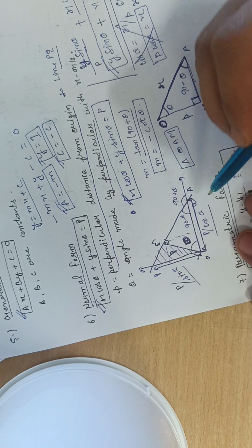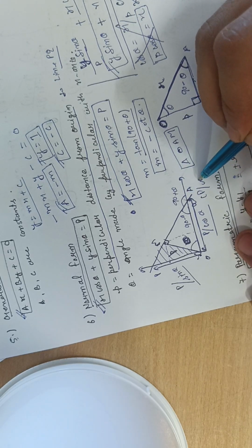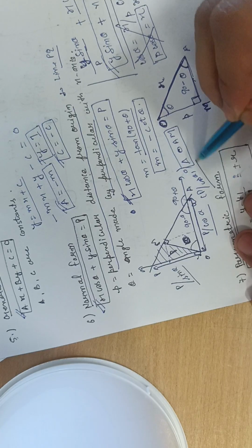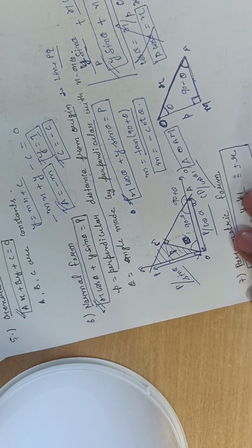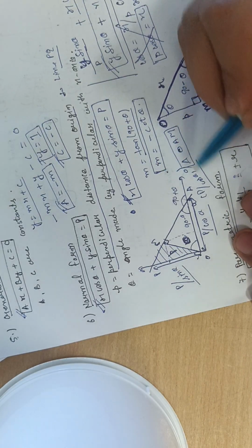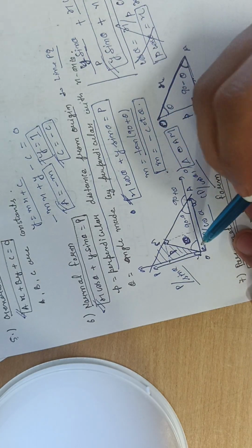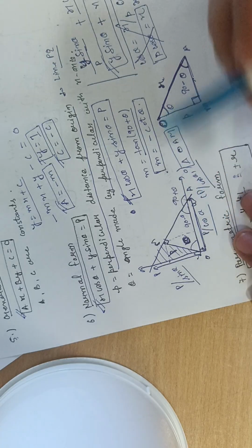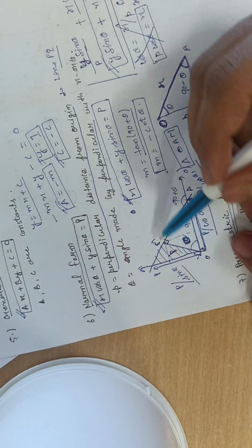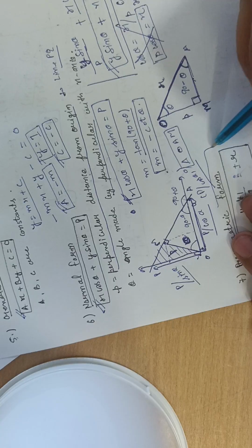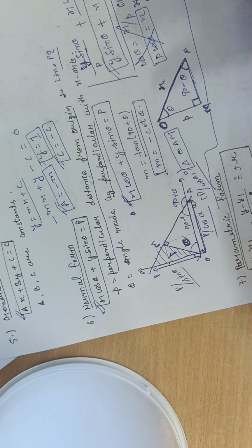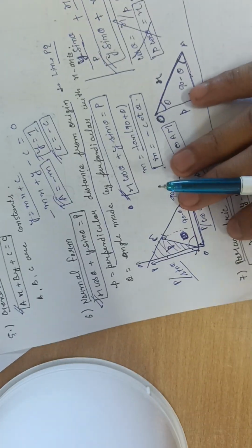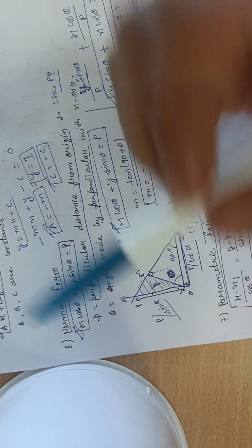If we have the point p cos theta comma 0, you can use the point intercept form, or you can determine the slope of that. We use the Pythagoras theorem and determine the slope. We determine the intercept, and with the help of the intercept form we come with this equation.